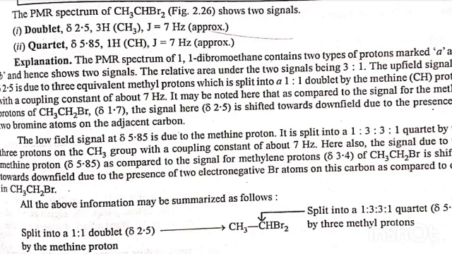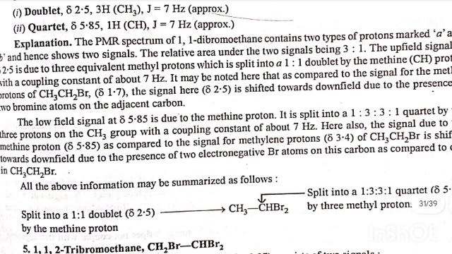The relative area under the two signals being 3:1, the upfield signal at delta 2.5 is due to three equivalent methyl protons, which is split into a 1:1 doublet by the methine proton with a coupling constant of about 7 Hz.